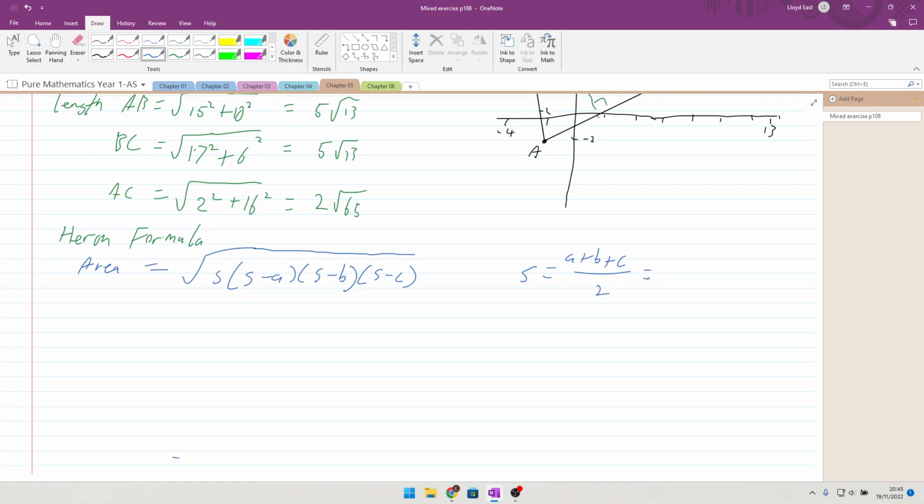So, 2 root 65 plus 5 root 13 plus 5 root 13, divided by 2.